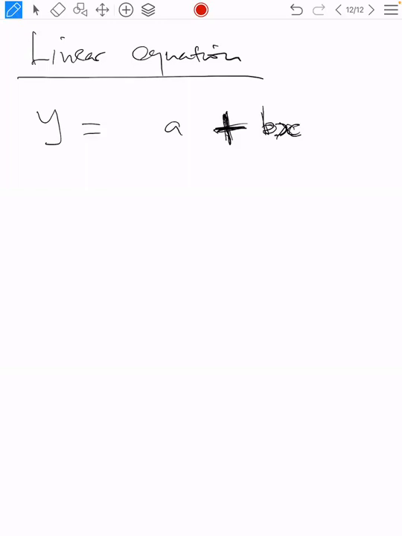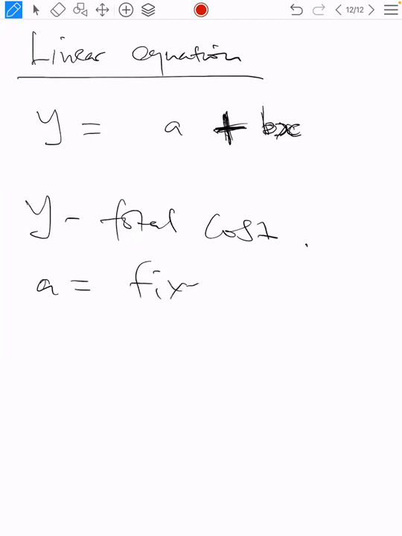So when you're armed with your variable cost per unit, you then come here, good people, and determine your fixed cost. Now, what is y? Y is the total cost. What is a? A is the fixed cost. What is b?